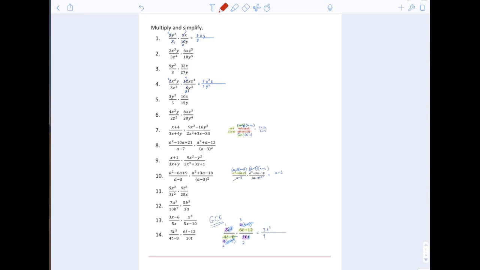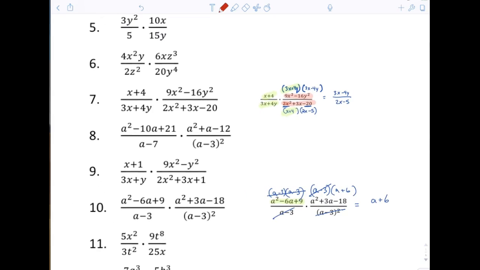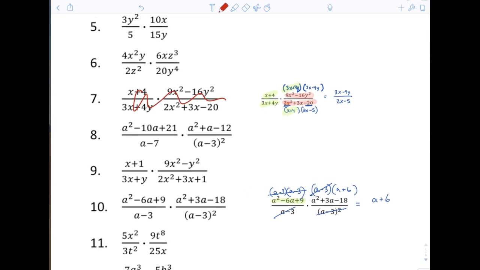Now, you see how mine, if I'm looking at that, it's kind of hard to see? But that's the way I want you to do it on your iPad. I don't want you to try to squish it in here. Like, I don't like this. Does everybody see that? So just copy it, move it over a little bit, and then you have plenty of room to do all the problems.